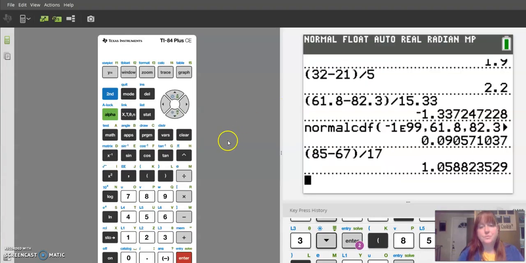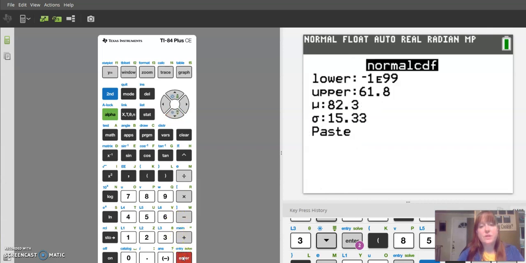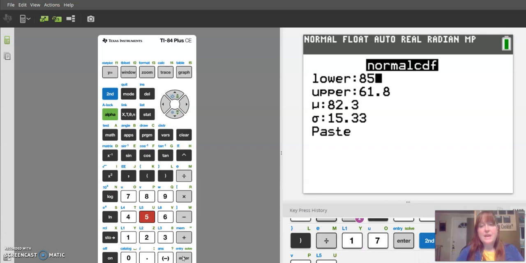We're going to go to distribution, which is second and then the vars button, because above the vars you see distribution. Again, remember we're talking about normal distributions, so we're going to do normalcdf. Our lower bound is 85. Remember, we're looking from 85 to positive infinity. Our upper bound is just going to be a huge number.